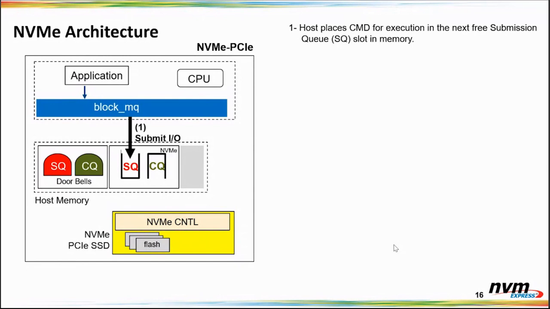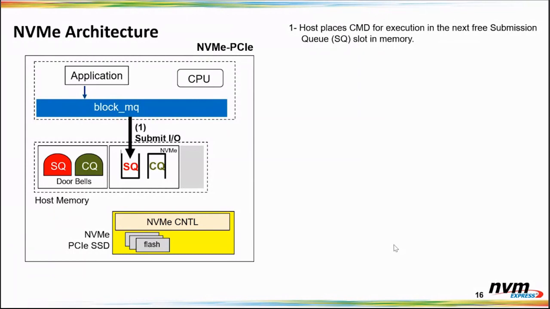It will register the device with the kernel as a block device, and then set up some PCI config register spaces. The class code is defined as an NVMe device. The base address register, the BAR, will be set, pointing towards the NVMe controllers, and that's where the NVMe SQ-CQs and doorbells are stored. All those queues are created through NVMe create IO commands, and admin commands actually help do that.